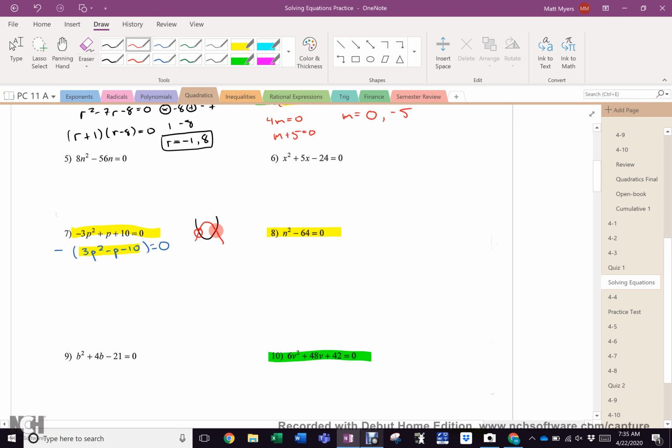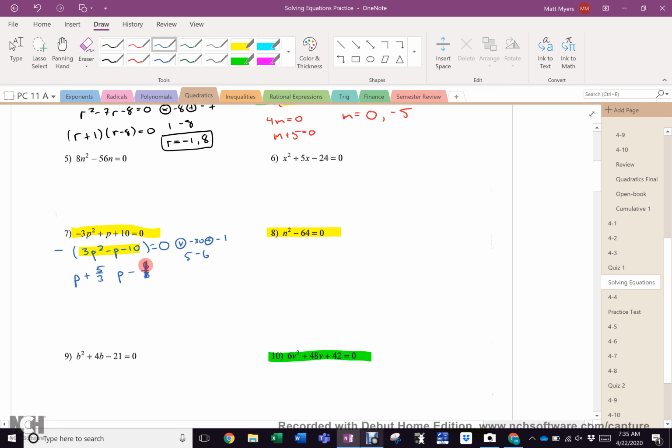But you can see the x's are still going to be the same. So we just factor the middle there. We know we need to multiply to negative 30 and add to negative 1. So it's 5 and negative 6. So it's p plus 5 over 3 and p minus 6 over 3.